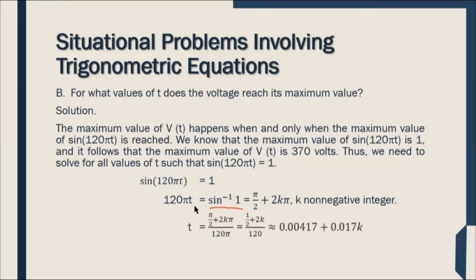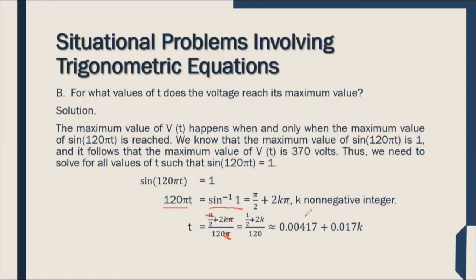Then, since ang target natin ay yung time, meron pa tayong 120 pi. So, sa numerator muna natin ay yung arcsine 1. The arcsine 1 is pi over 2 plus 2k pi. Then, sa denominator natin ay 120 pi. Then, pwede nang ma-eliminate yung mga pi. Kasi factorable naman yung pi. Then, sa denominator, makakancel na rin yung pi. Therefore, ang matitira na lang ay 1 half plus 2k all over 120.